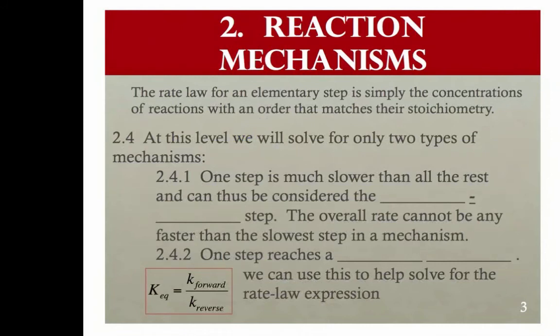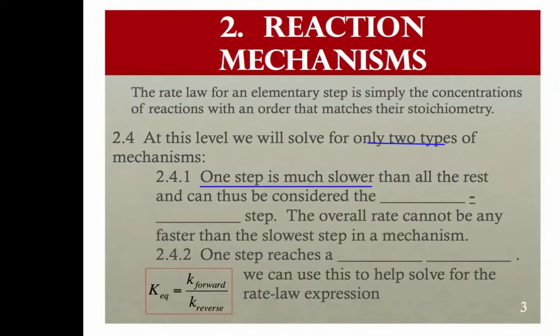Now, before we try this, I want to give you just a brief introduction and fill in just a few more blanks for the end of this little video clip. So what we're going to do, we are only going to solve 2 ways. There's many, many, many ways, but Chem 1 is an introduction. So we're going to look at 2 types of mechanism. One has a slow step, and the slow step is going to dictate the rate of the reaction.